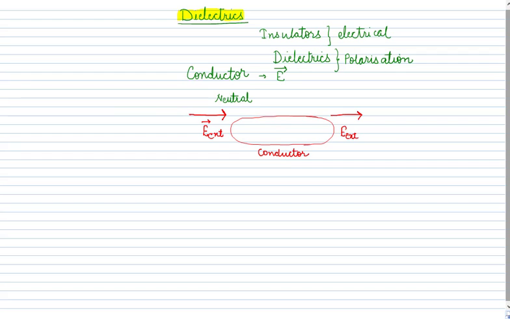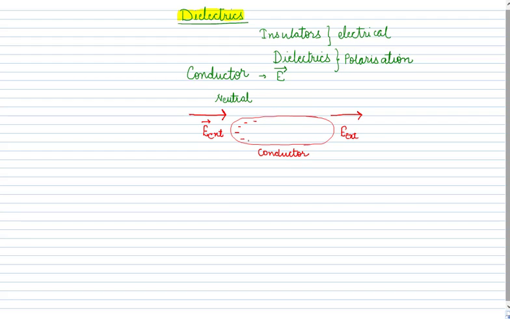Whenever there is a conductor, it will have a number of free charges. The free charges try to oppose this external electric field. That means they themselves produce an induced electric field. So how are the charges induced?